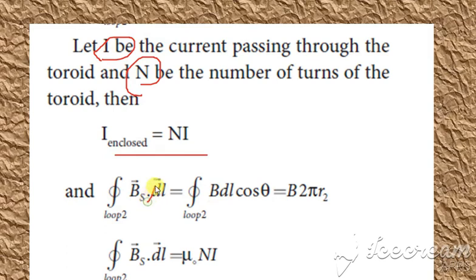B dot dl becomes B cos theta dl, so instead of the integral we write B into 2 pi R2.